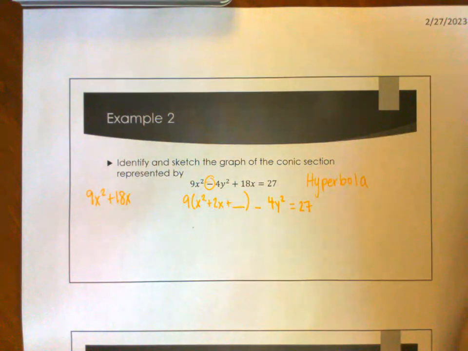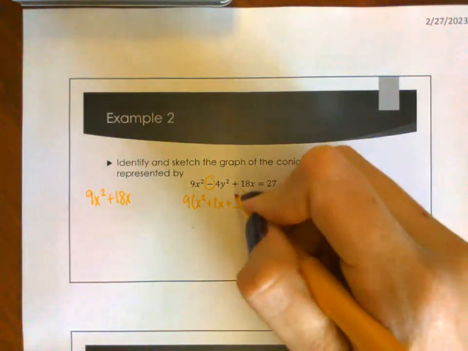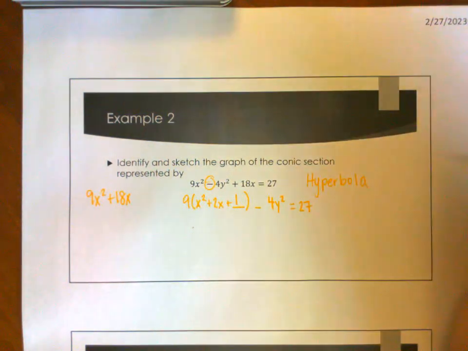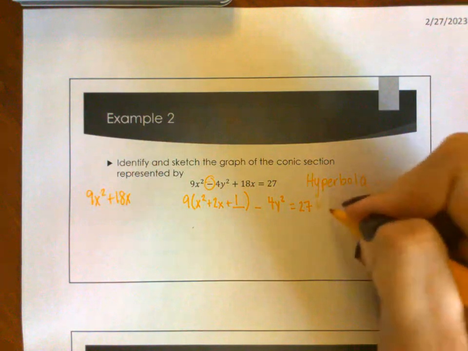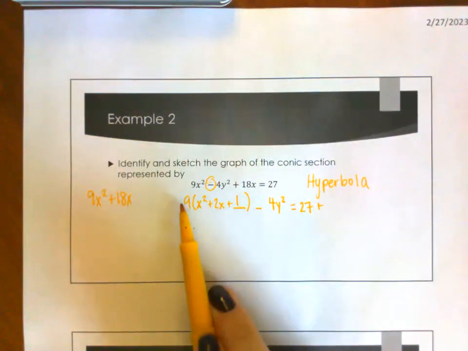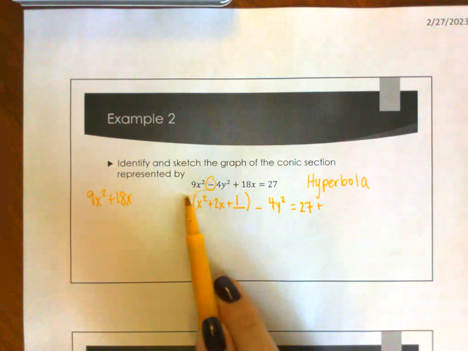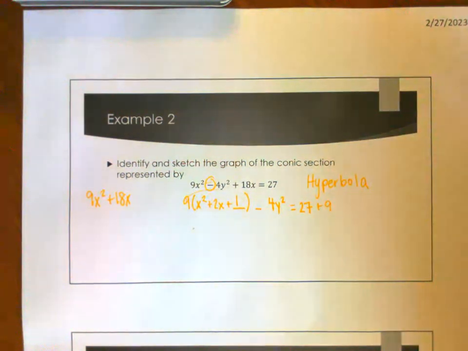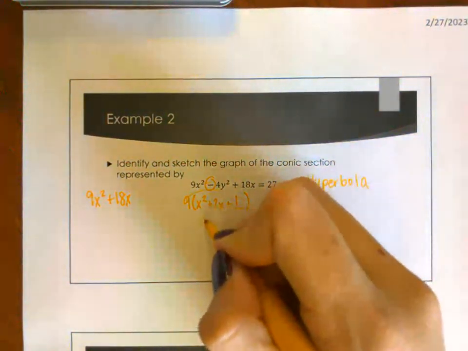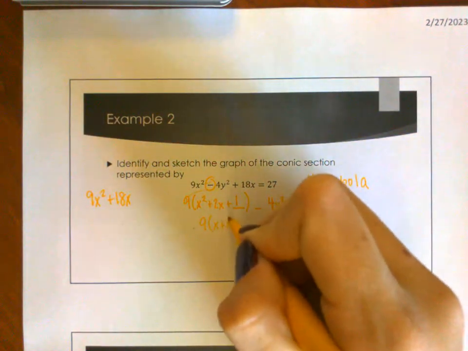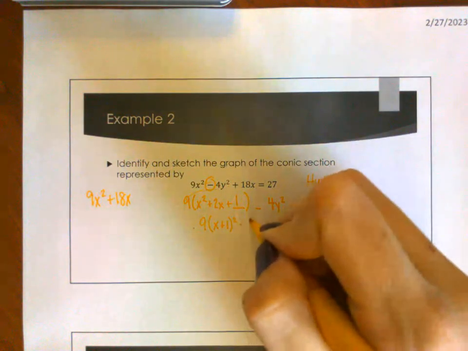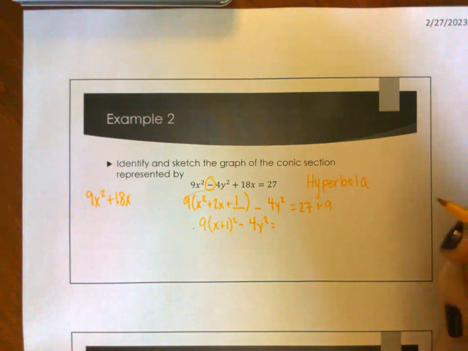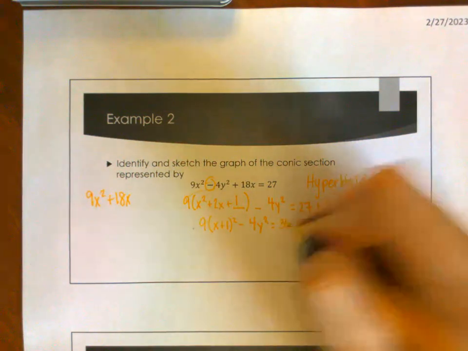What would go in this blank? It'd be 4, or sorry, it'd be 1, because half of 2 is 1, and then 1 squared is 1. But I'm not going to add a 1 to this side. Because it has this 9 outside, I have to multiply those together. So 9 times 1 would give me 9, and that's what I'm going to add to this side. I'm going to now have 9(x plus 1) squared minus 4y squared equals 27 plus 9, which would give me 36.